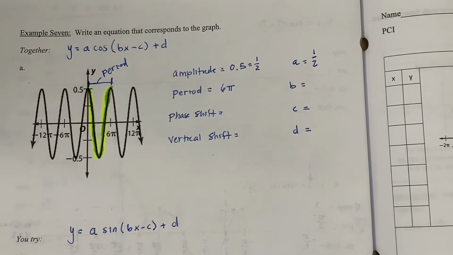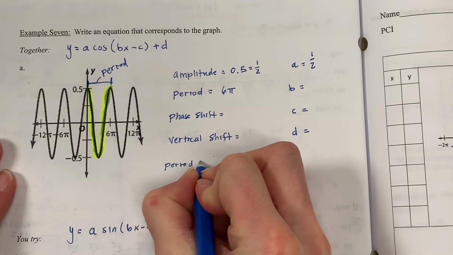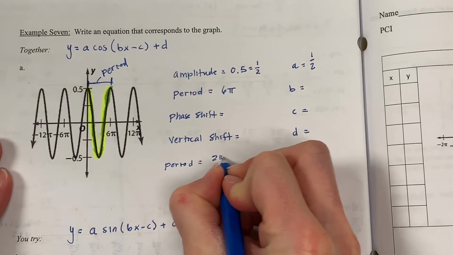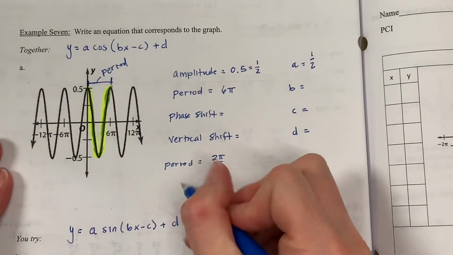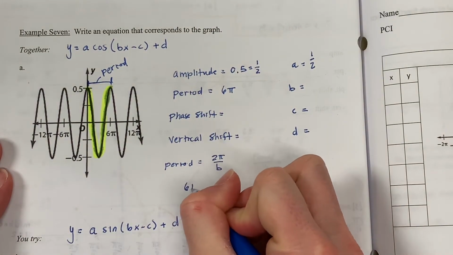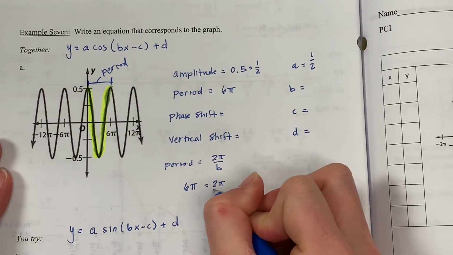Now, I have to use my period to find the value of b. If you recall, a period is equal to 2 pi divided by b. Well, I found that the period is equal to 6 pi. So I have an equation, 6 pi is equal to 2 pi over b.